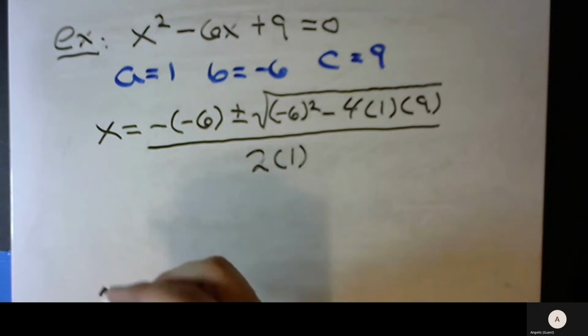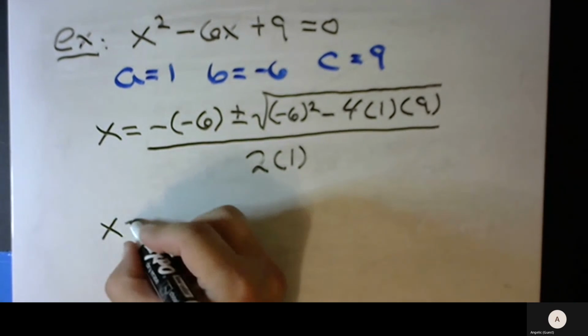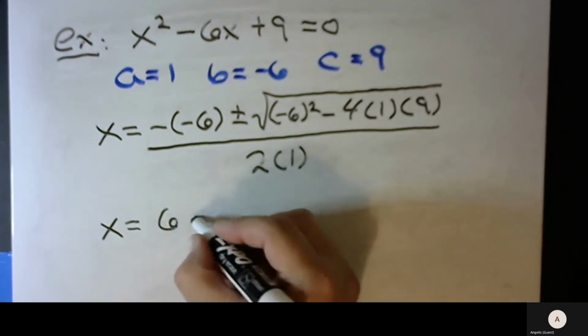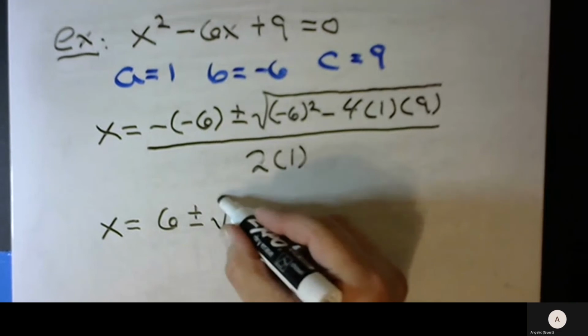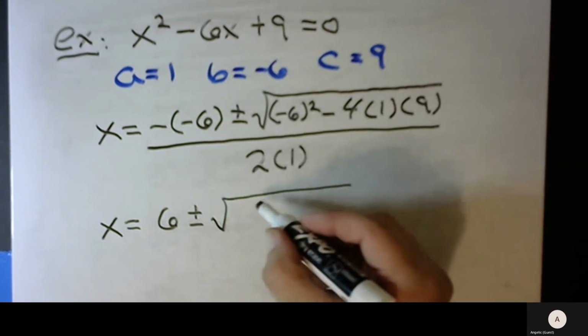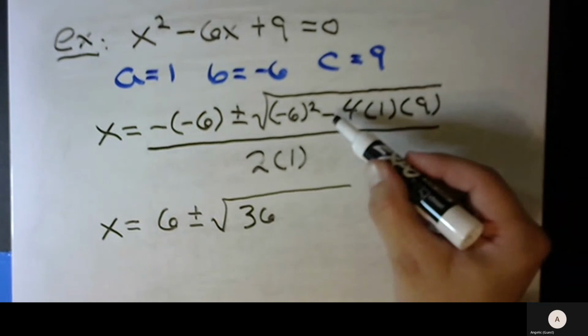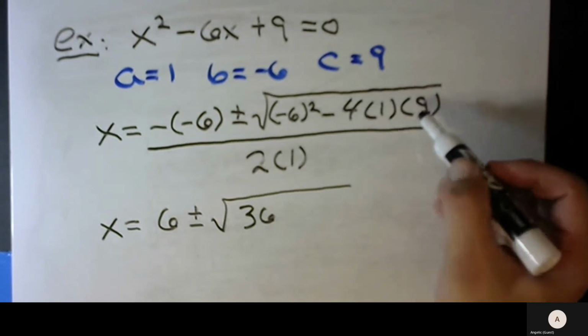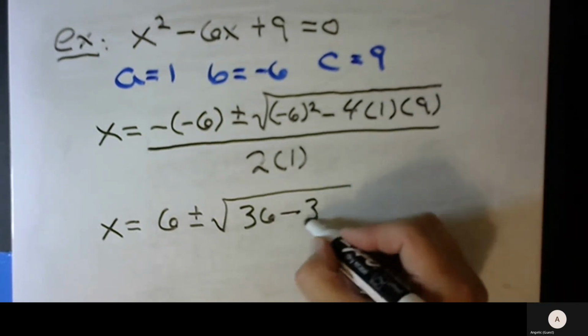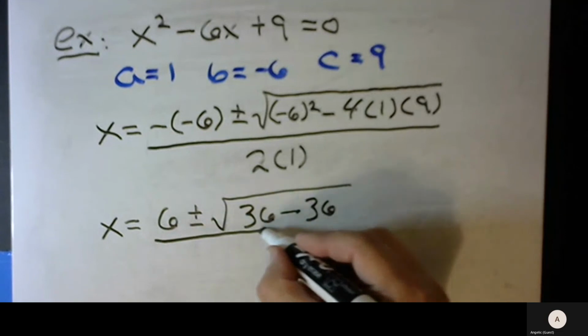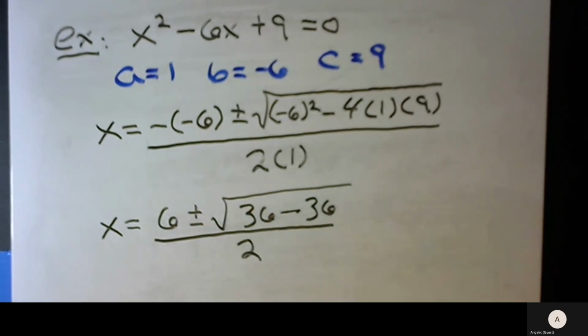So if we simplify things, we get 6 plus or minus the square root. Negative 6 squared is 36. Negative 4 times 1 times 9 is negative 36, over 2.